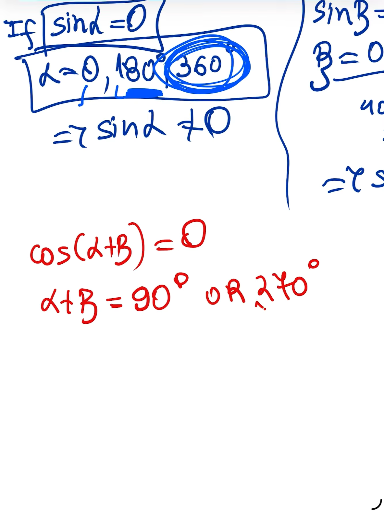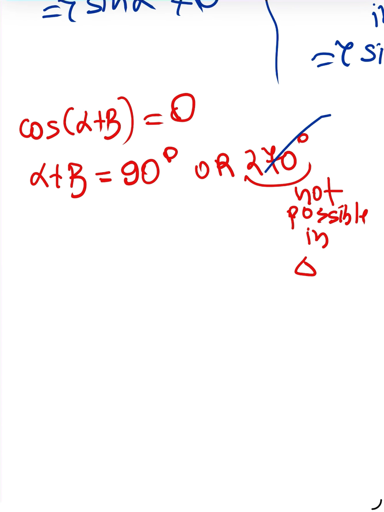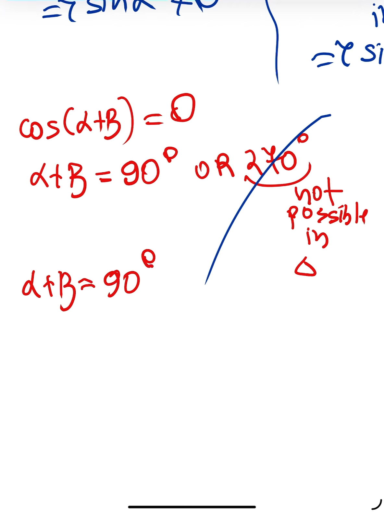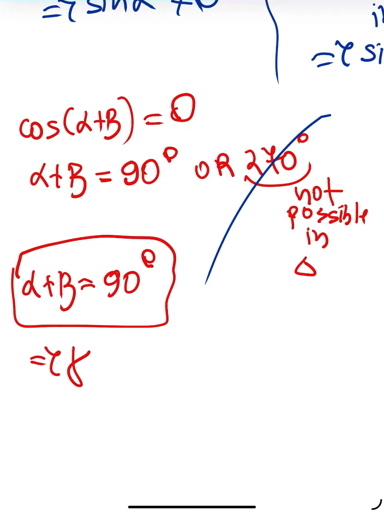Because 270 is not possible in a triangle, we remove this option and we remain only with the option alpha plus beta equal to 90 degrees. If these two angles sum to 90 degrees, therefore the third angle, gamma, is equal to 90 degrees. And therefore, the triangle is a right one.